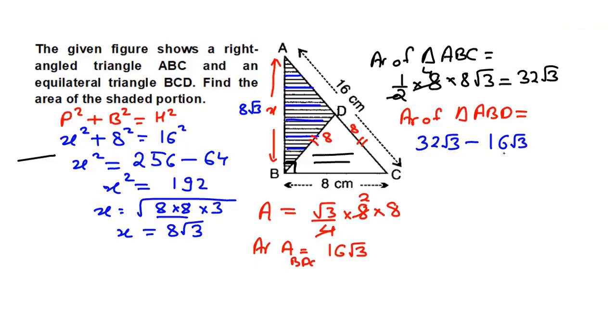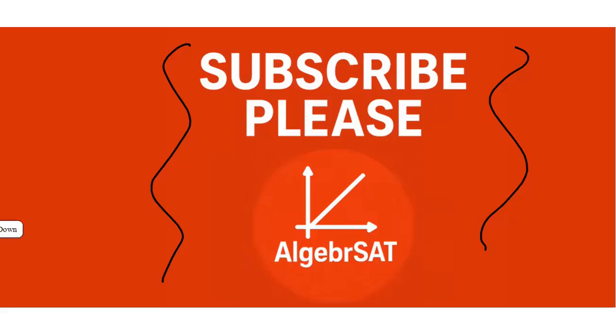Now they both have root 3 multiplied, so they are like terms. We can directly subtract them. This is going to be 16 root 3. This is the answer. This is the area of this remaining shaded portion. And I'll say this again. Please remember to do this.